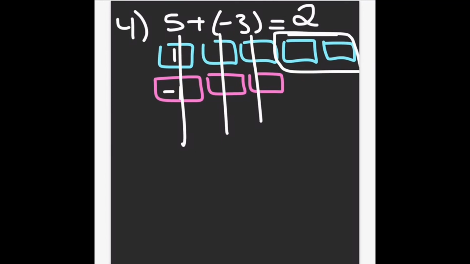Another way to think about it: since this is just adding, it's really just 5 minus 3. You're really subtracting, and you can also think of which number has the greater absolute value.